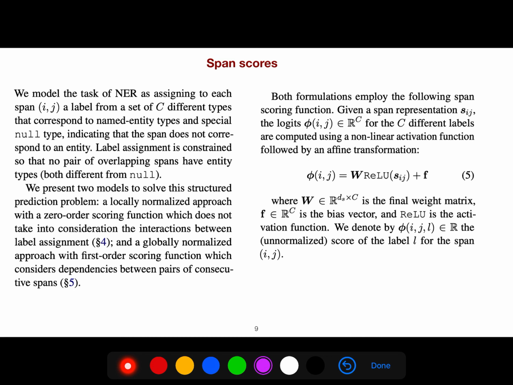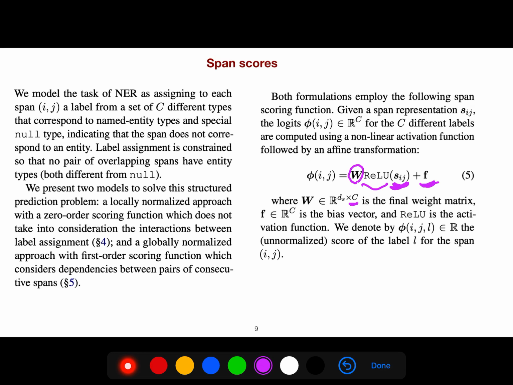So we need to score these spans. For example, this span, which is represented by a vector, we give it to a ReLU nonlinearity, and then by this W matrix, so it goes to the number of C labels, because we have C different entity types, and then we also add the bias.